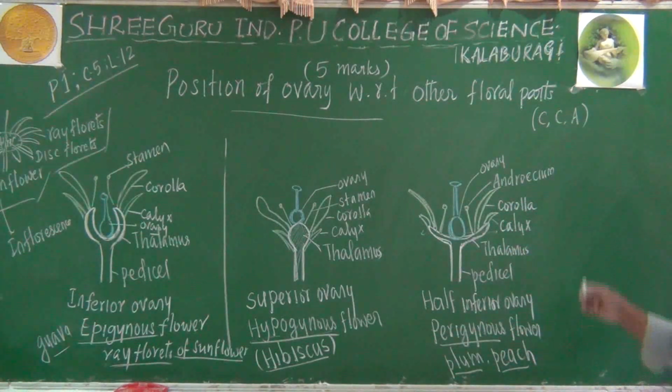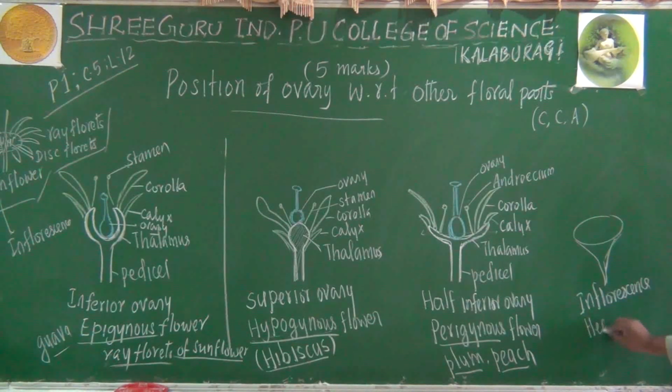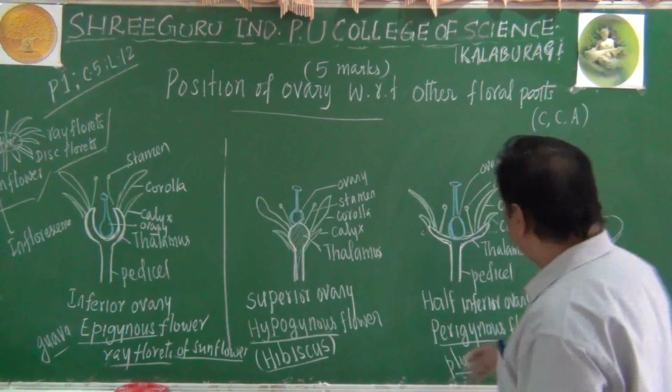Students, in sunflower, regarding epigynous flower I am talking. This is the sunflower. Here, it is not a flower, it is an inflorescence. I told you it belongs to a type called head inflorescence. It has got two types of small florets in it.